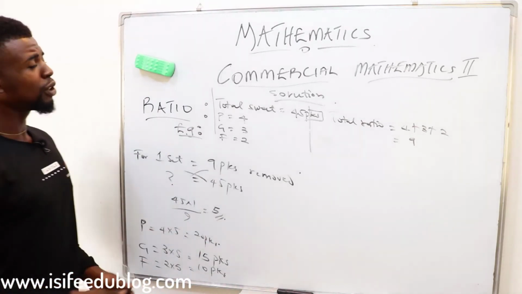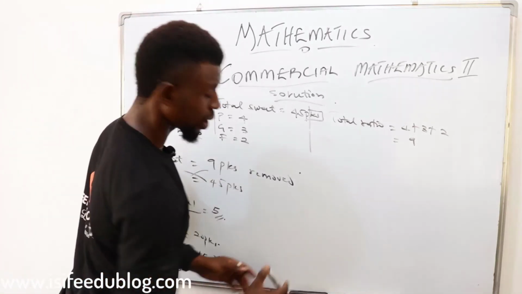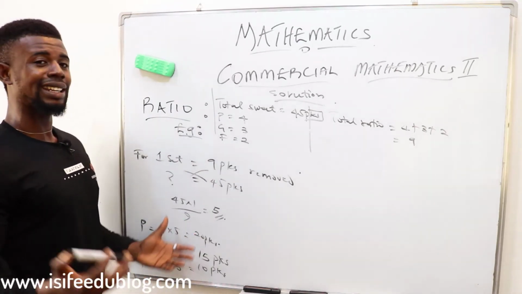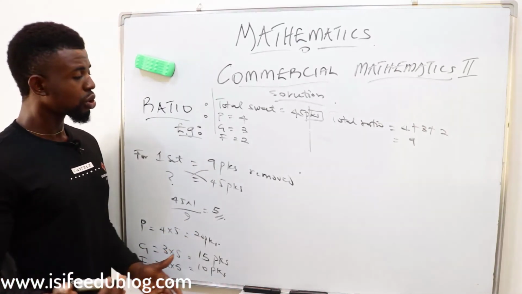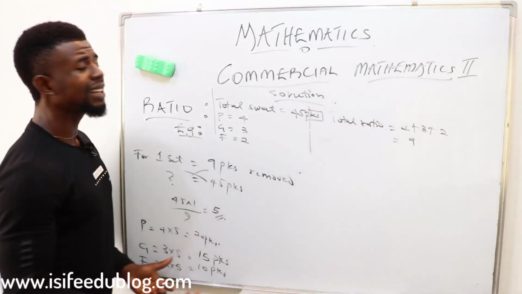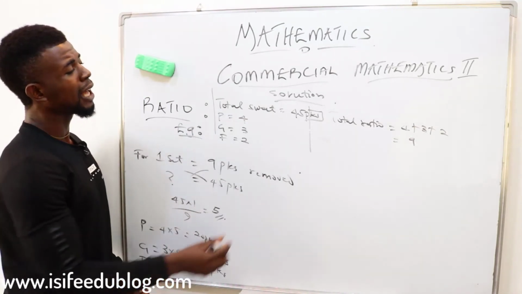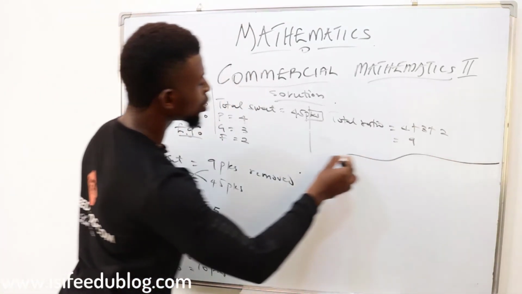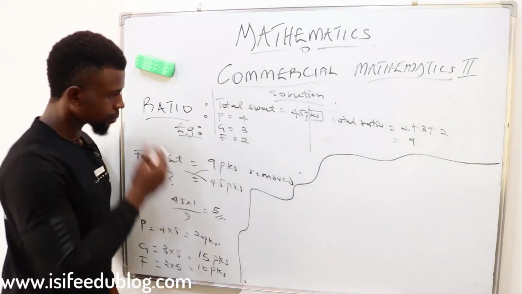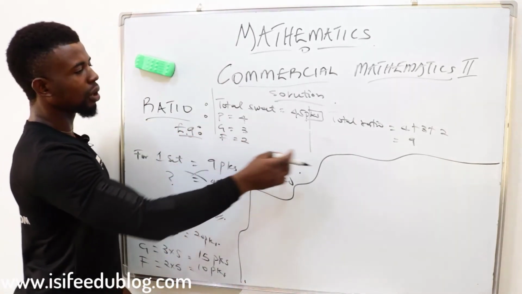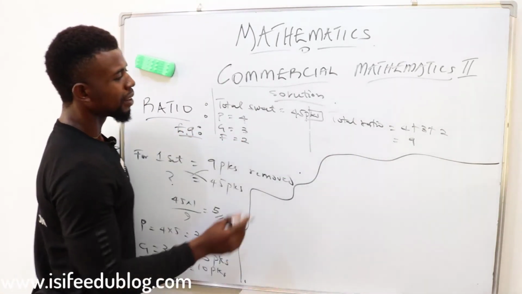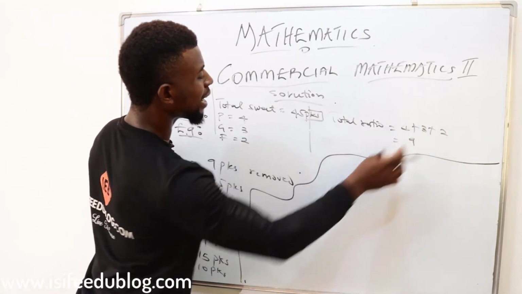Now, I did this so that I can explain the principle of ratio to you. But if you don't want to take this rigorous process, we work with what we refer to as our total ratio. Now, our total ratio is 9, right?